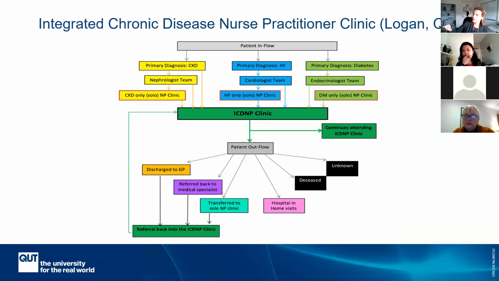And so essentially what they did in that model of care was they captured a whole bunch of people who were going to many different specialists, and they integrated the care so that these people were turning up to this nurse practitioner clinic initially for an assessment, and then once every 3 or 6 months, and they cut out a bunch of the other appointments that they needed.